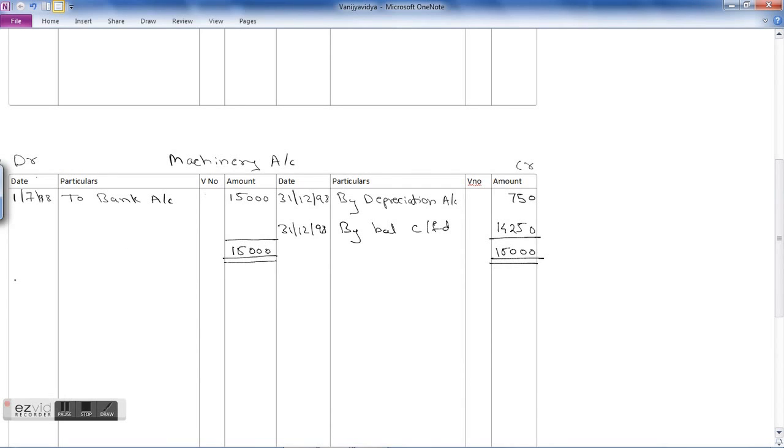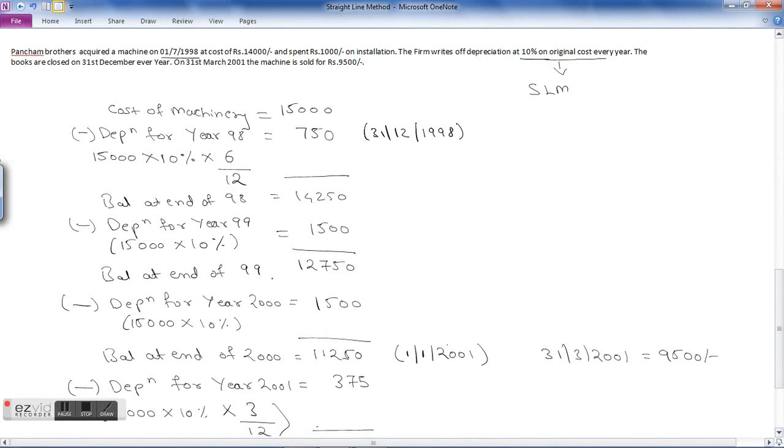Okay, and here as on 1/1/99 to balance brought forward 14,250. Okay, now the next is depreciation for the year 99.